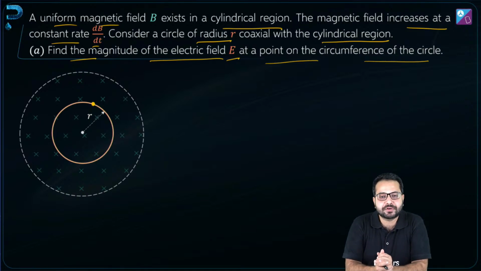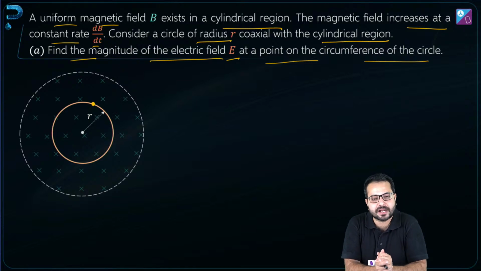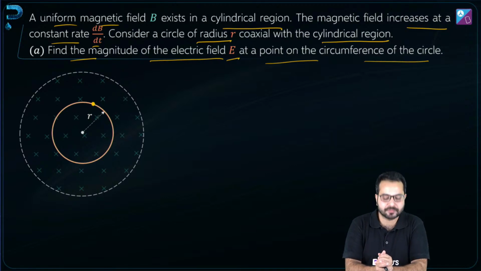What electric field are we talking about here? Can someone explain that to me? We have to find out the magnitude of the electric field at a point on the circumference. But what I want to understand from you is, what electric field are we talking about?